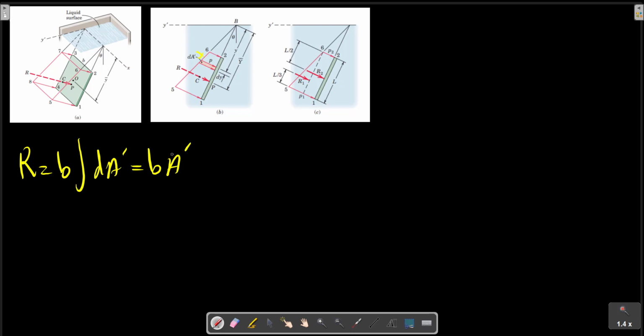Be careful not to confuse the physical area A of the plate with the geometrical area A prime defined by the trapezoidal distribution of the pressure.